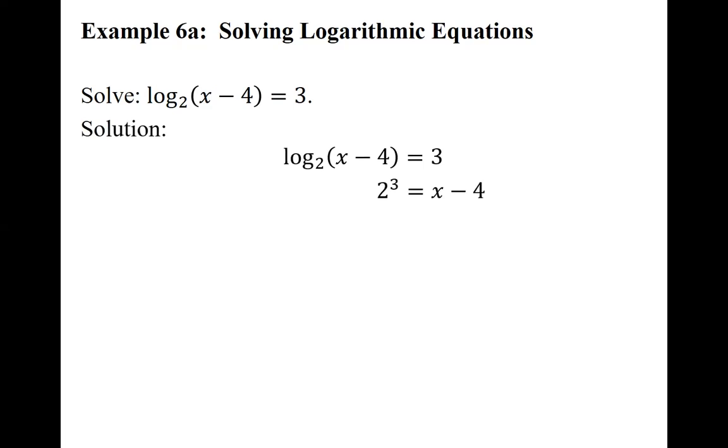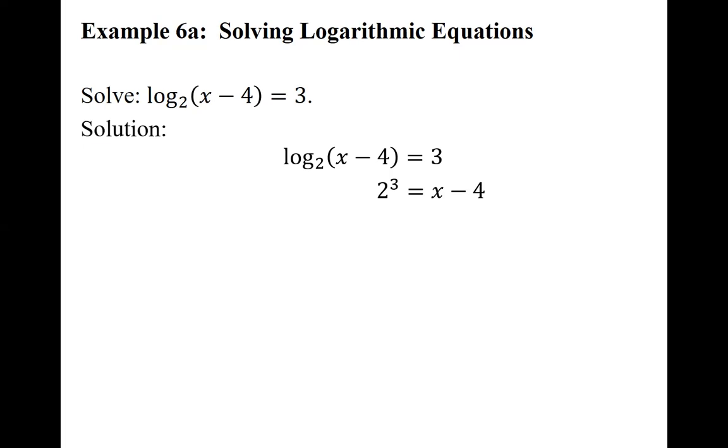How did I get that so fast? Well, I kind of cheated and used the logarithm as an exponent rule. The logarithm was equal to 3, so I knew 3 was the exponent. I know that 2 is the base. I know that's equal to what's left.